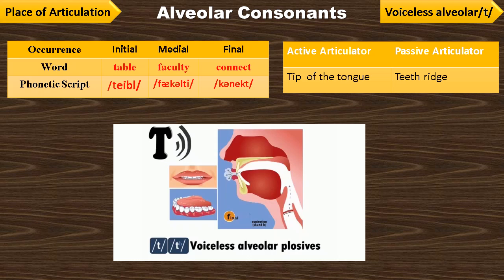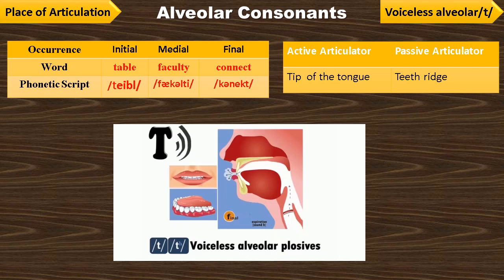The tip or blade of the tongue is in firm contact with the ridge, so the oral passage of air is blocked as well. The vocal cords are wide apart and so they don't vibrate. When the tip is suddenly removed from the teeth ridge, the compressed lung air escapes with a slight explosive sound.